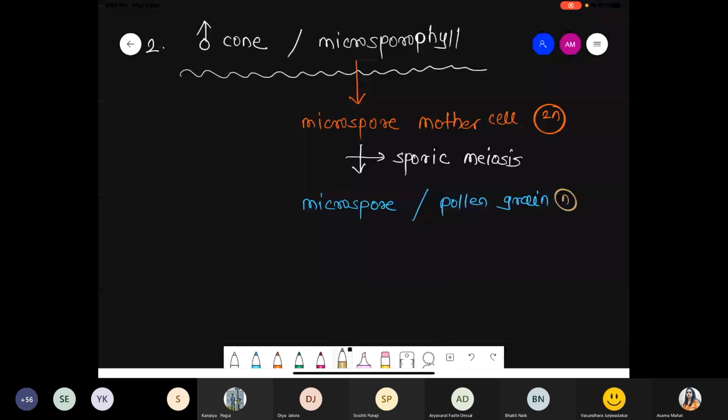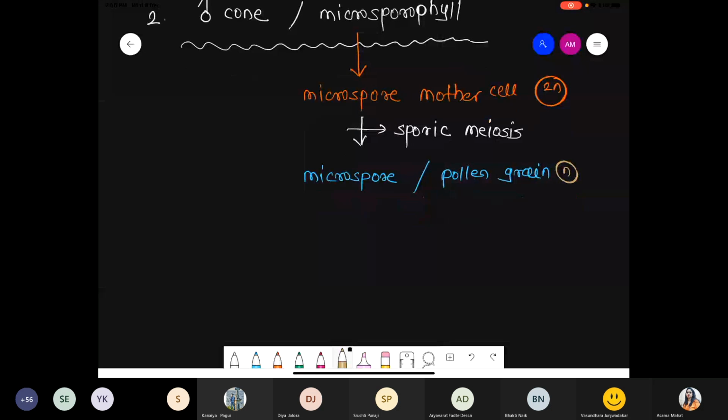Inside the microsporophyll, microspore mother cells are present. They undergo sporic meiosis, and after this there is production of microspores, also called pollen grains. आपको नाम तो पता होगा, pollen grain? Yes, because it is present in angiosperms also. Now we are talking about a few very important PIMP questions on pollen grain.